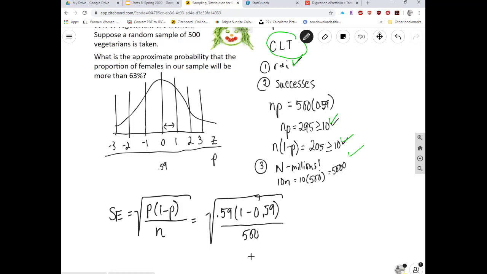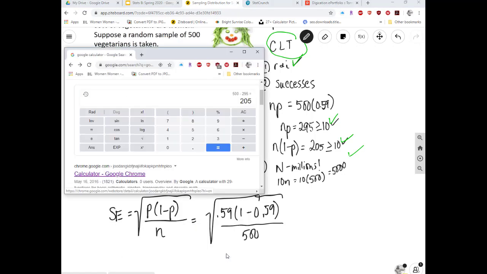Let me grab my calculator again. I've got 0.59 times parenthesis 1 minus 0.59 equals. That gives me my numerator. Now I'm going to divide it by 500.